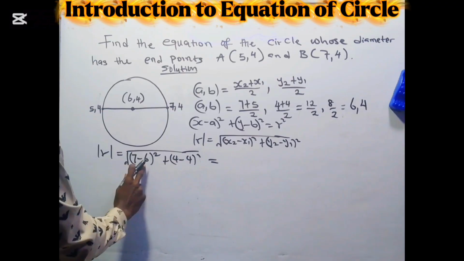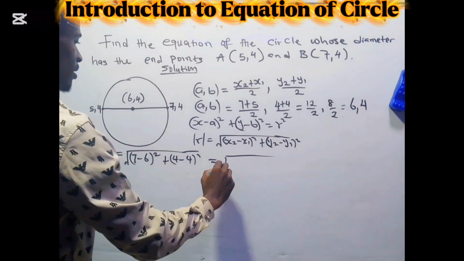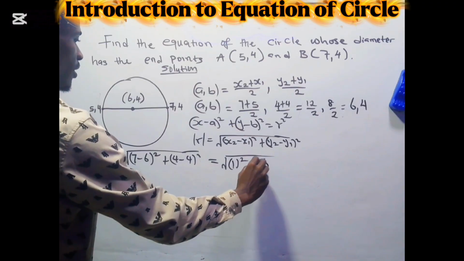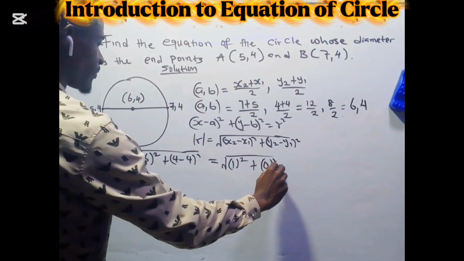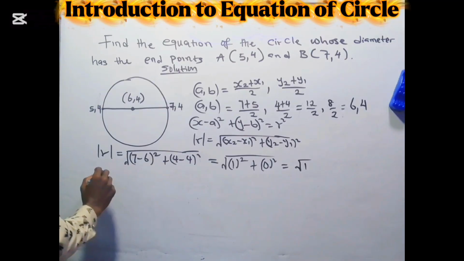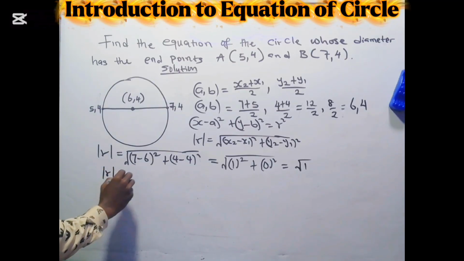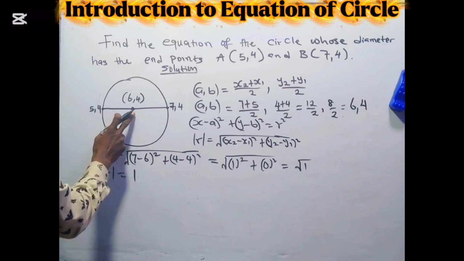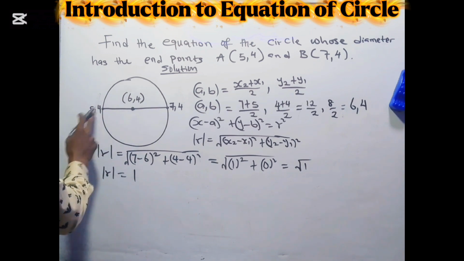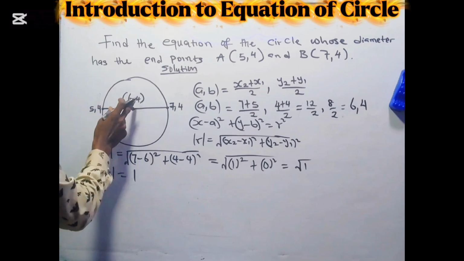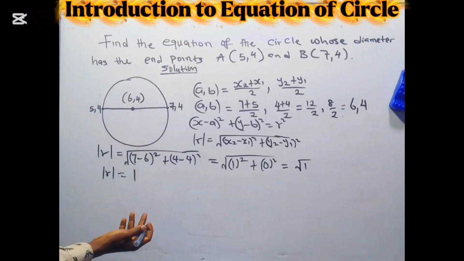That will give us 7 minus 6 as 1 squared, 4 minus 4 as 0 squared, which is the same thing as the square root of 1. Therefore, distance r is equal to 1. If we are to use this and this, here is our x1, here is our x2. So 6 minus 5 is still 1, 4 minus 4 is still 0.